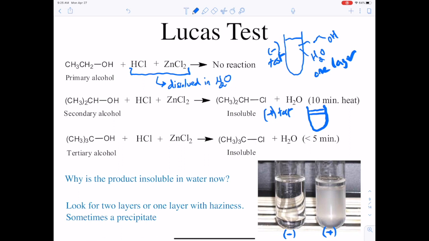And in the bottom, we have our water, and of course the zinc chloride and the HCl that are dissolved in it. And you have your alcohol. But what is this top layer now? What is that top layer? Well, that is our product. You might have, for instance, tertiary butanol.